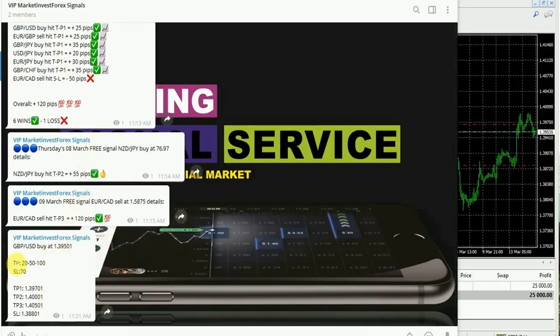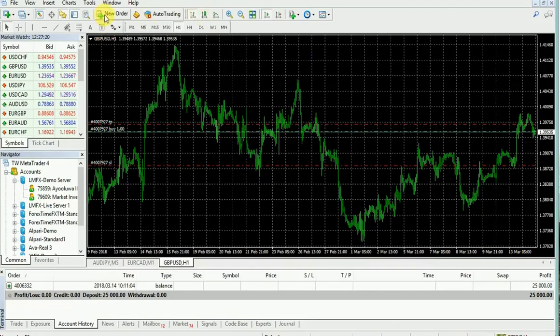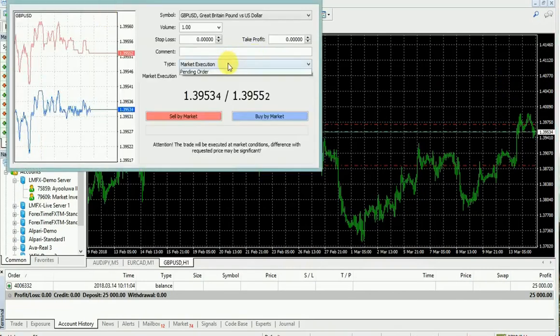So like I said, if the instruction says buy at, it means you have to go for the trade instantaneously. But if the instruction says pending order, then it means you have to go to your MetaTrader, click new order, and change it from market execution to pending order.